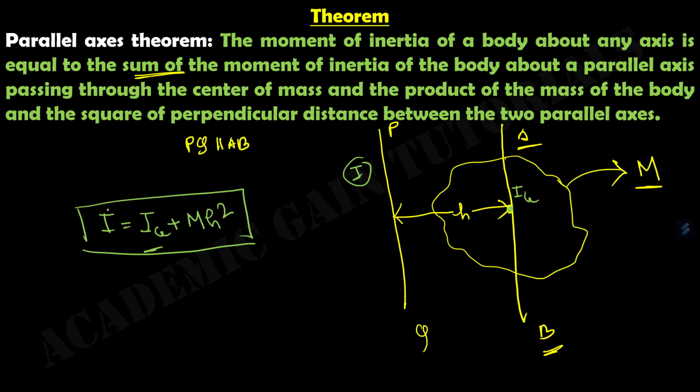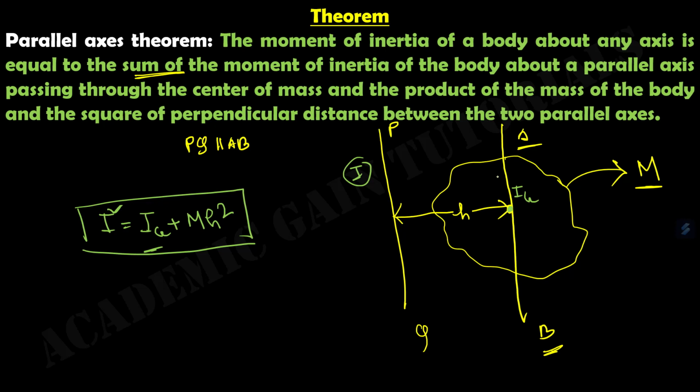So I is about the axis we have to find, the moment of inertia about PQ. And how can we find the moment of inertia about this axis PQ? We can find it by drawing a parallel axis to this PQ, and this axis goes through the center of mass.